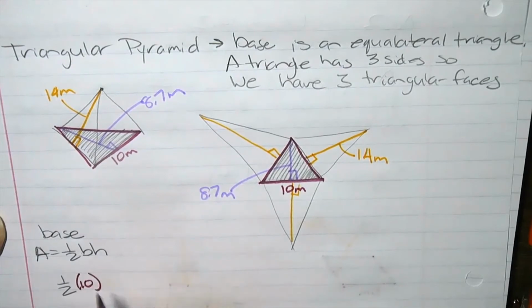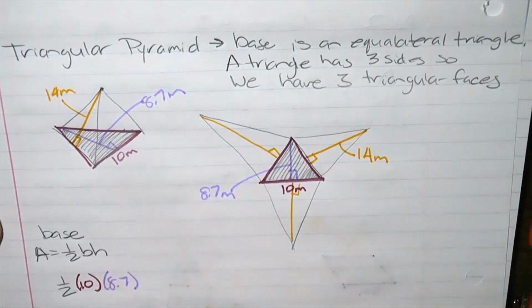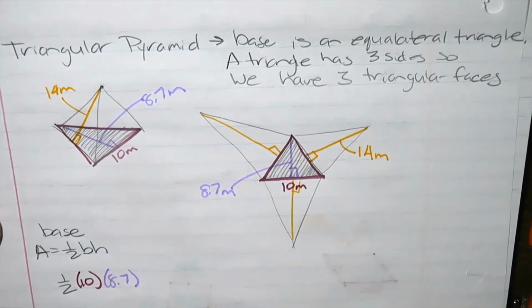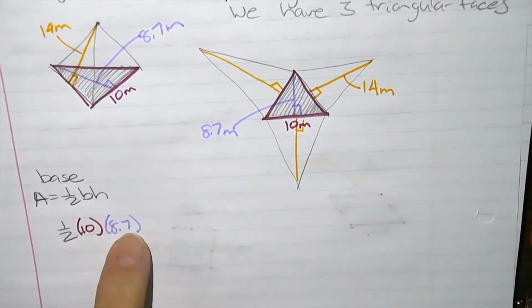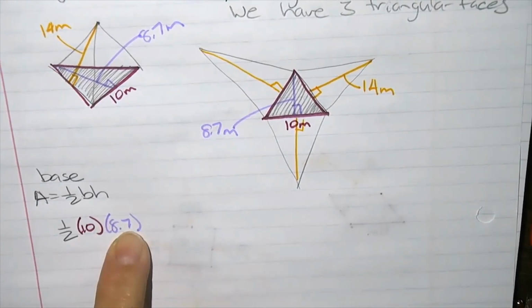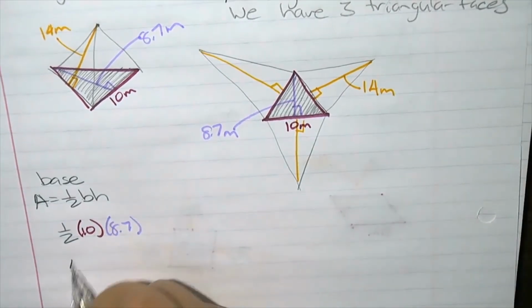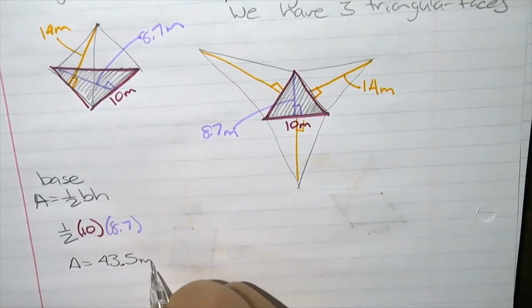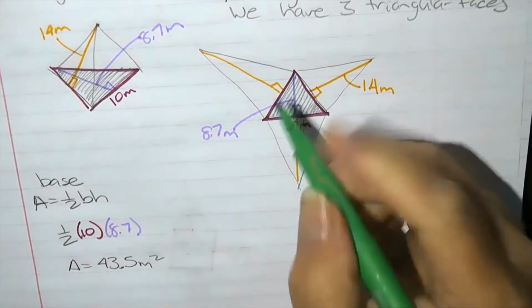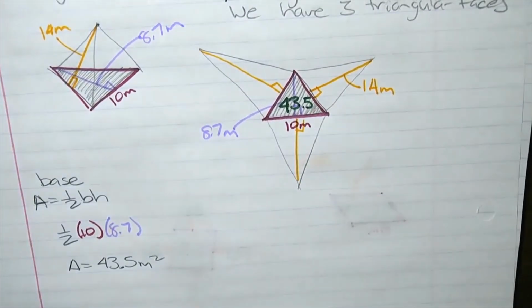My base is 10 and my height is 8.7. So 10 times 8.7 is 87, and half of that, the area is equal to 43.5 meters squared. So my base is 43.5.